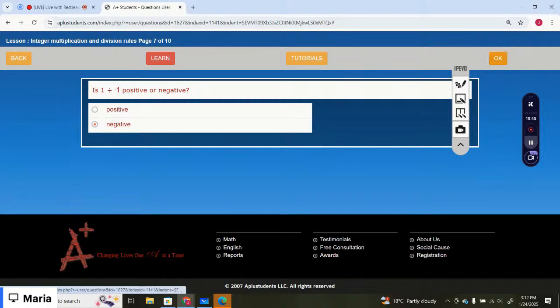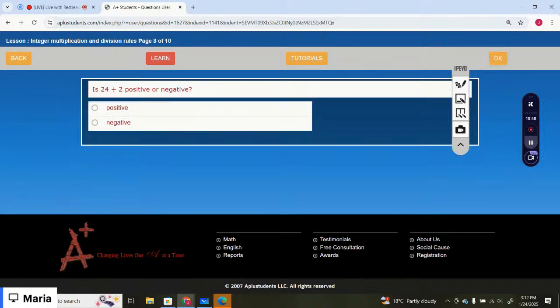Option number 2 is the correct option. Is 24 divided by 2 positive or negative?